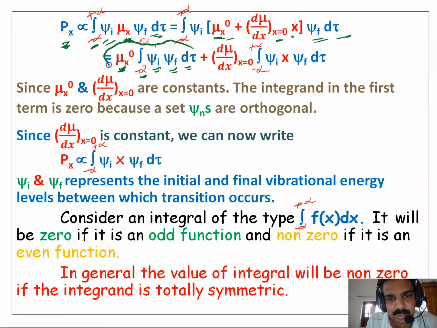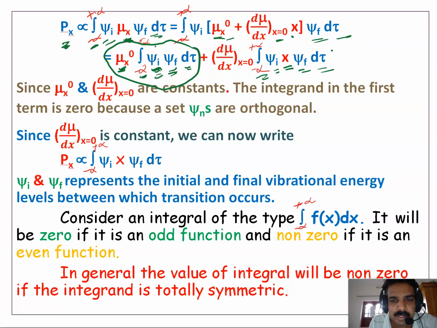This term will be 0 because ψ_i and ψ_f are orthogonal wave functions. This term becomes 0. And then we have dμ/dx times the integral of ψ_i x ψ_f dτ.